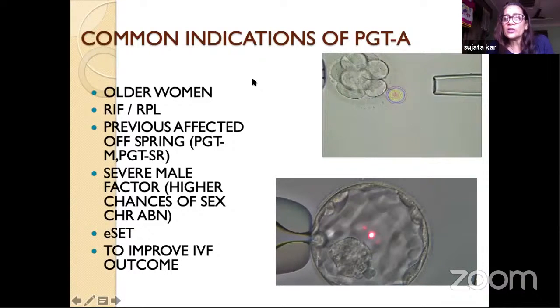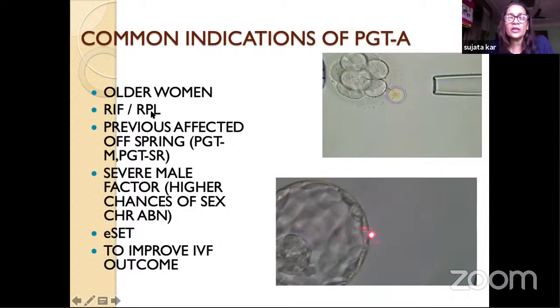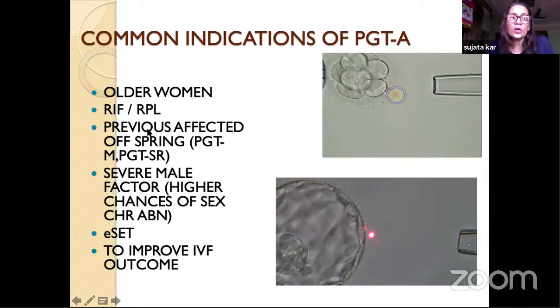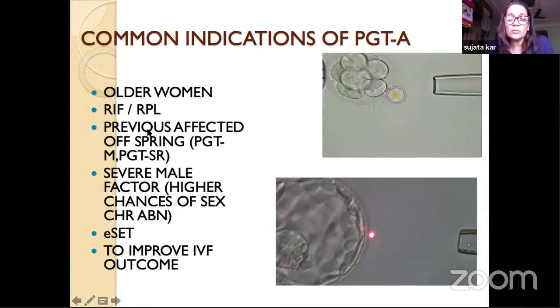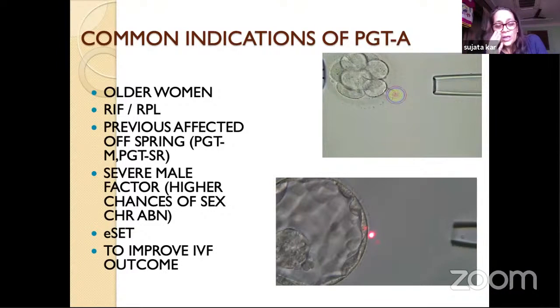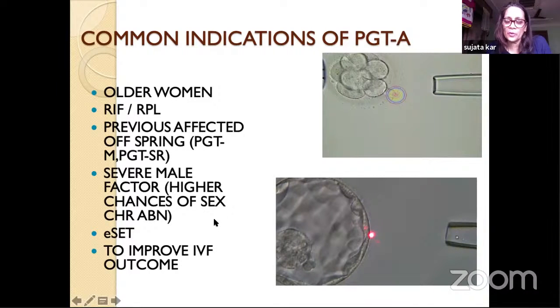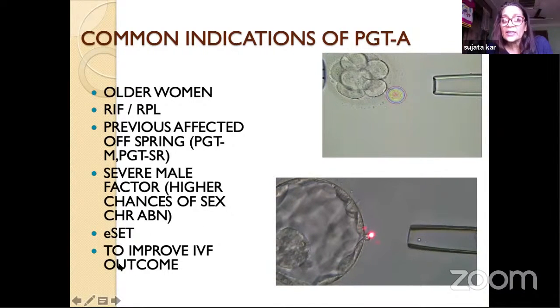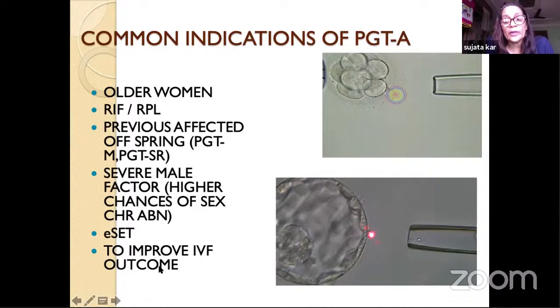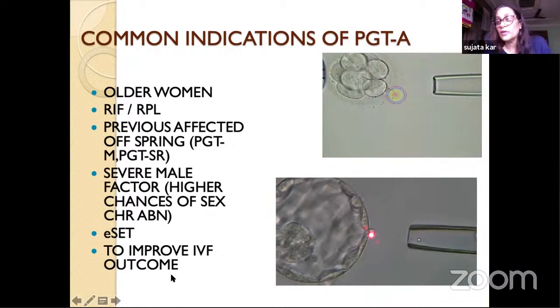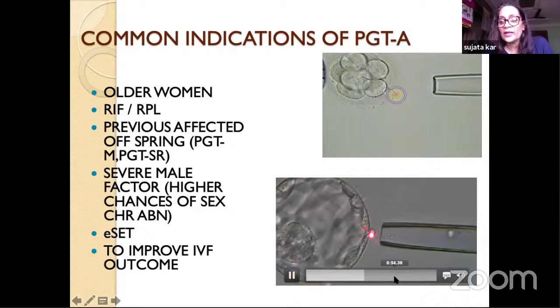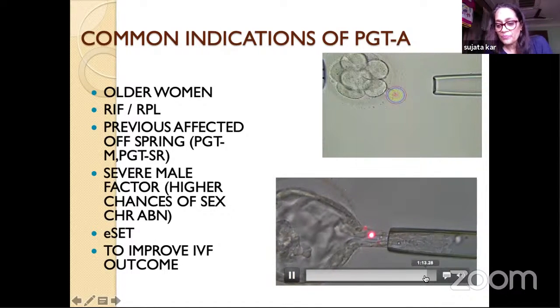The common indications for PGTA are in older women, cases of recurrent implantation failure, recurrent pregnancy loss, previously affected offspring, where you do PGT for single gene mutation, or PGT-M, and severe male factor, where there are higher chances of sex chromosome abnormality when you are choosing an ICSI set. And now it is being used quite often to improve IVF outcome. How far that is justified is what we need to see.